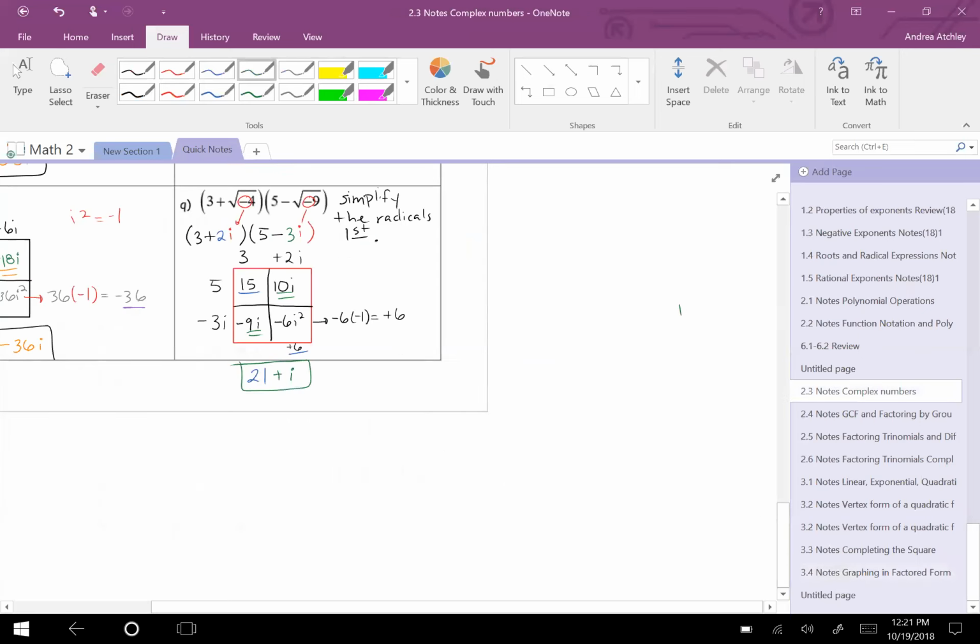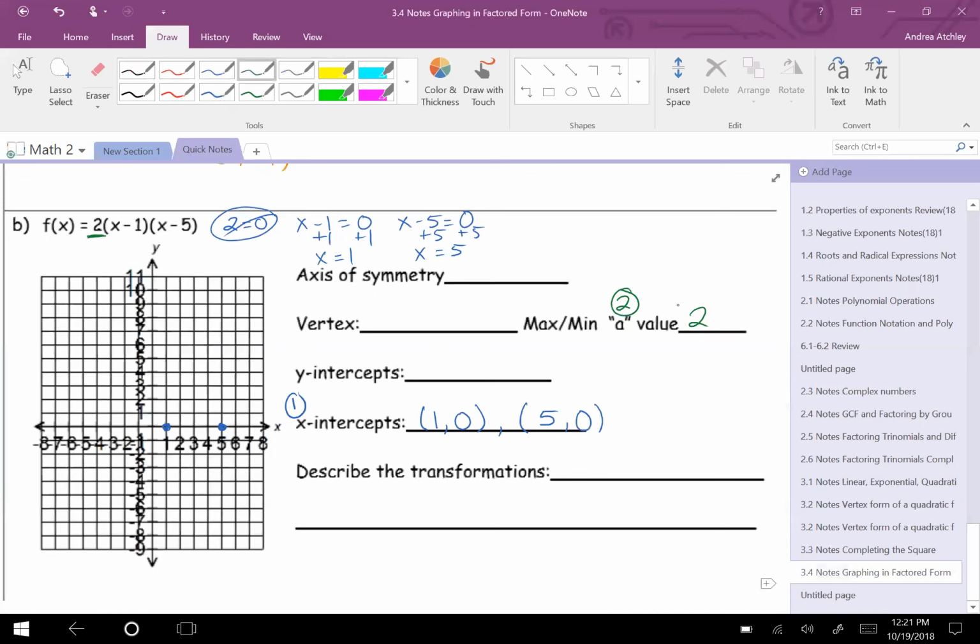Oopsie. It is a positive 2. So my parabola faces up. Maddie, does that make my vertex a maximum or a minimum? It is a minimum because it's the lowest point on my graph.